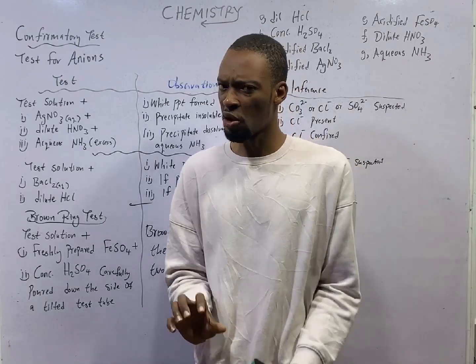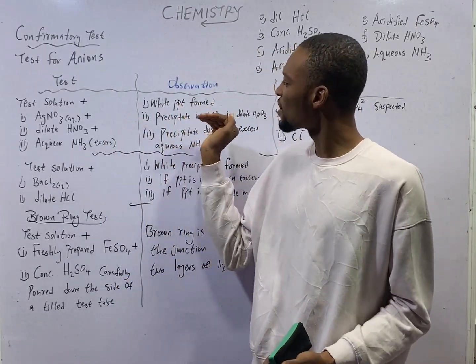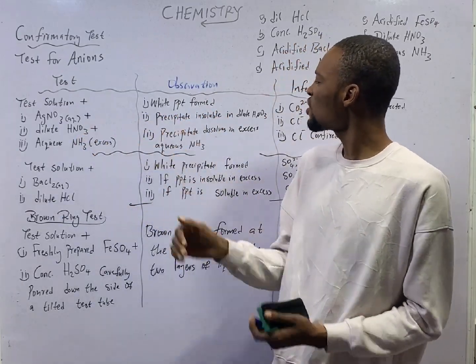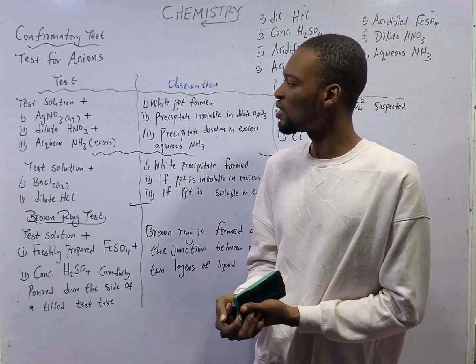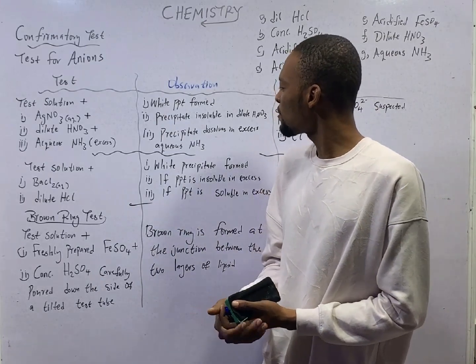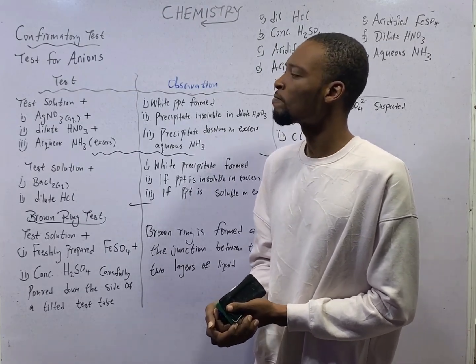Then you get the following observation. You notice that it forms a white precipitate with silver nitrate. Then this precipitate is insoluble in dilute HNO3, and you see that this precipitate dissolves in excess aqueous ammonia.